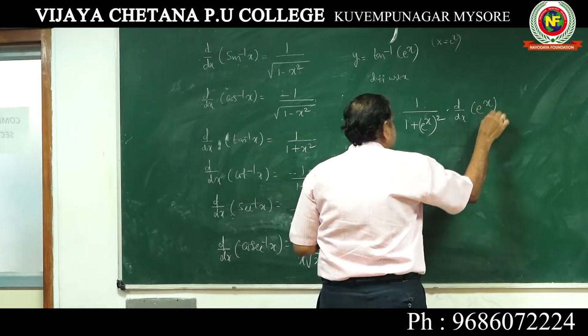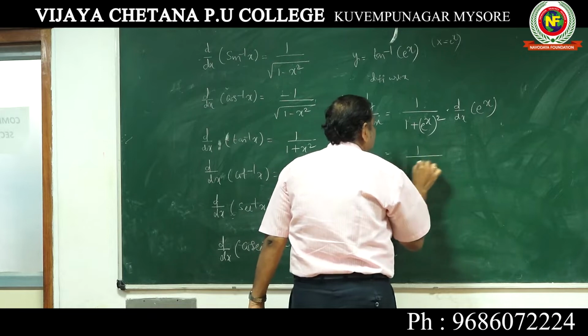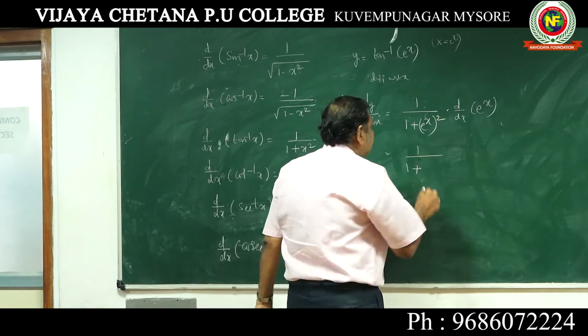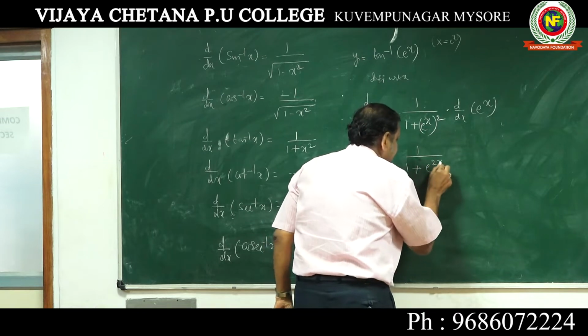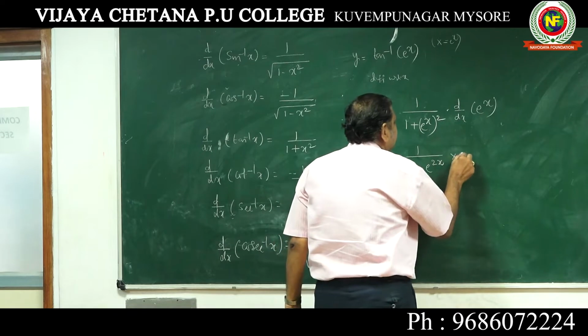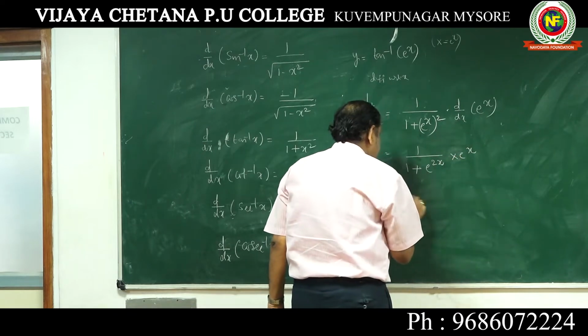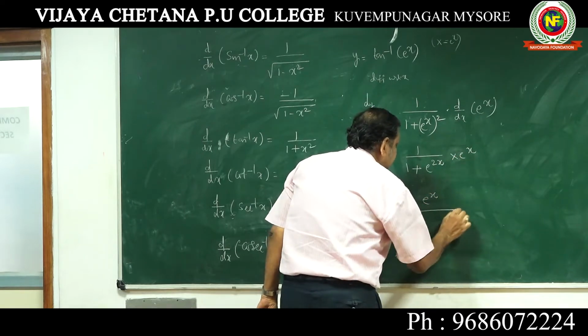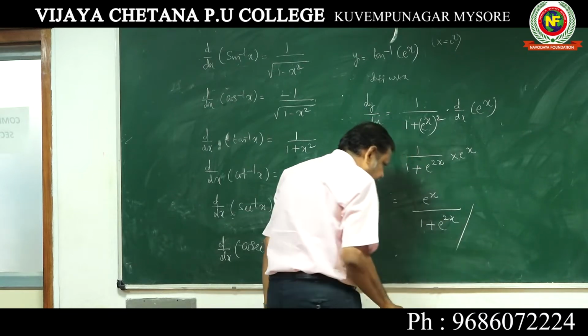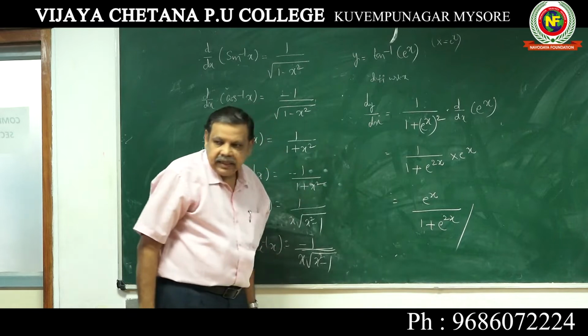Since a to the power of m to the power of n is a to the power of mn, e to the power of x whole square is e to the power of 2x, into e to the power of x. Your final answer is e to the power of x by 1 plus e to the power of 2x. This is the answer.